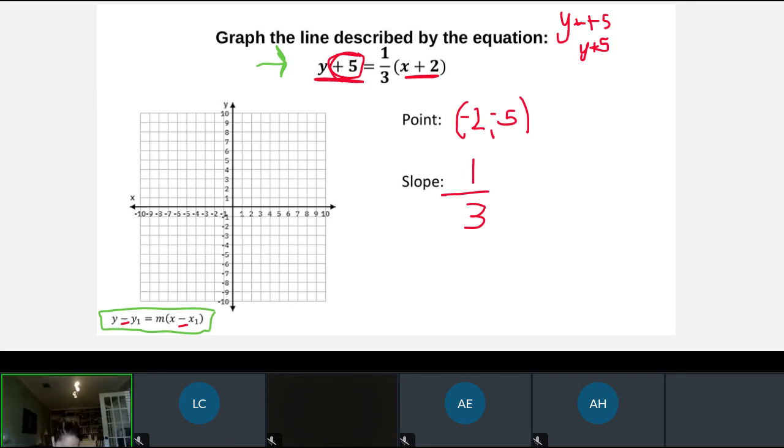So this is asking us to go ahead and graph. We're going to graph just like we would our normal equations, except since we don't know the y-intercept, we're just going to start by graphing the point that we do know, which is -2, -5. So I'm going to put my point there.